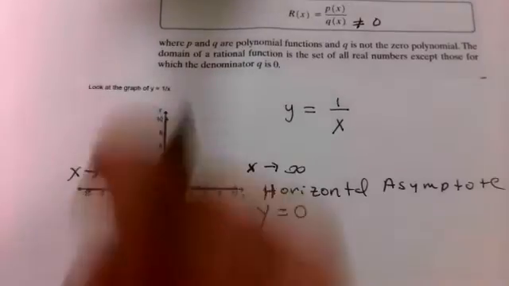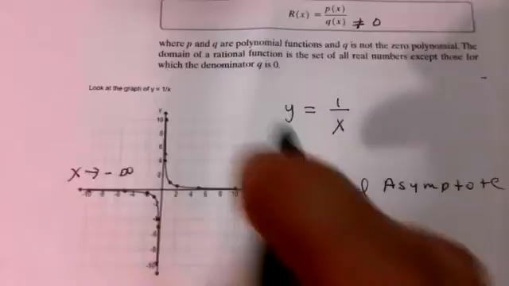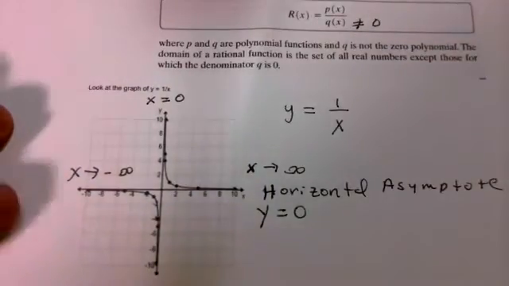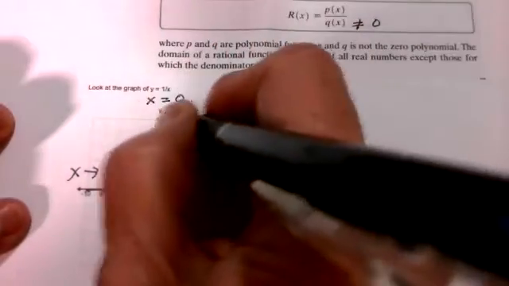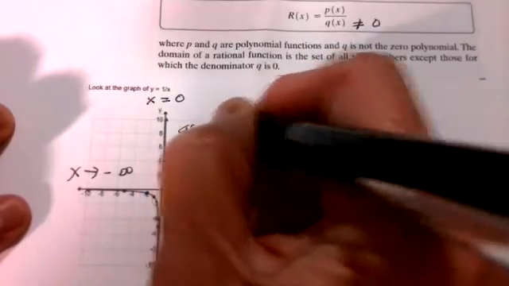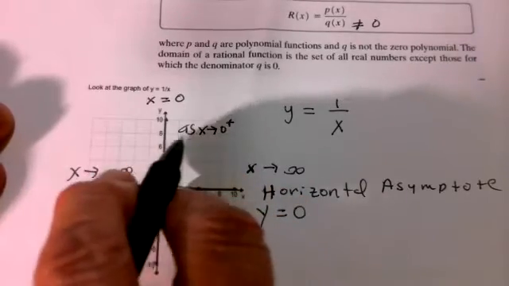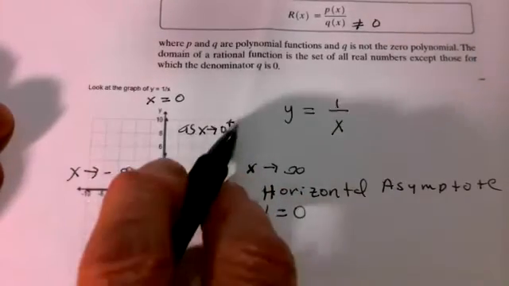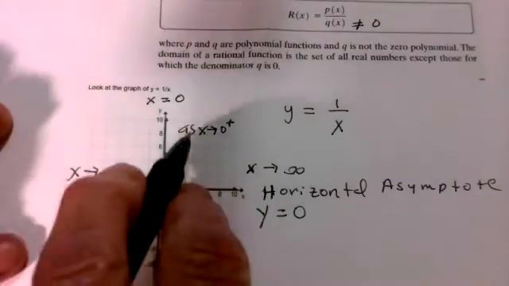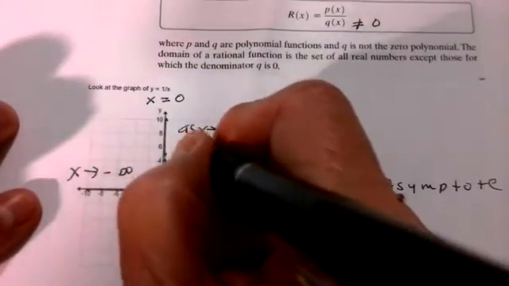Now, there's another asymptote for rational functions, or there may be, and there is in this case. Right here, we have x equals 0. Notice that as x approaches 0 from the plus side, meaning coming from numbers greater than 0, or you can think of it as coming from the right, the y is going to infinity.